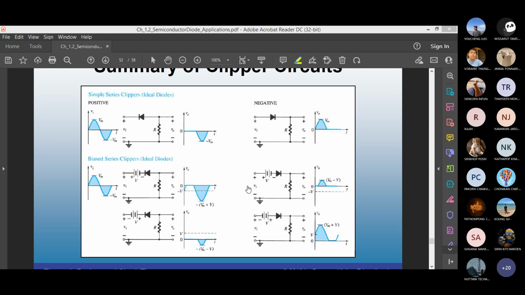Zener clipper. Okay, series clipper biased. Parallel clipper bias. So let me copy a few items to your main class page, and then we're gonna go there.